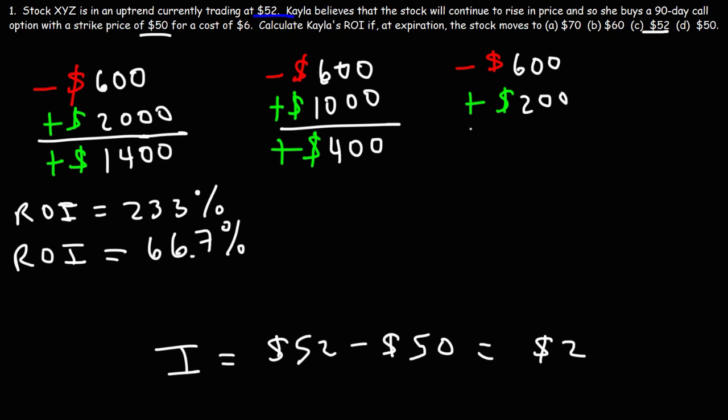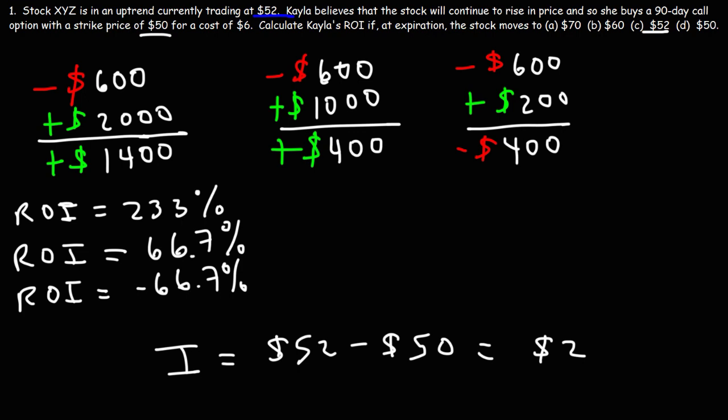So she's looking at a $400 loss because the price of the stock didn't move. The extrinsic value of the call option went to 0. So her return on investment is going to be negative 400 divided by the 600 that she paid for the call option times 100%. So it's negative 66.7%.